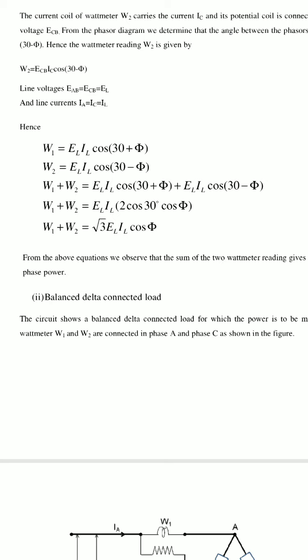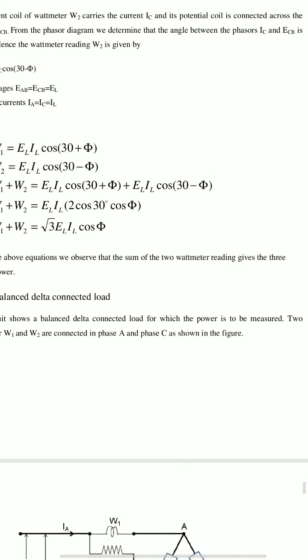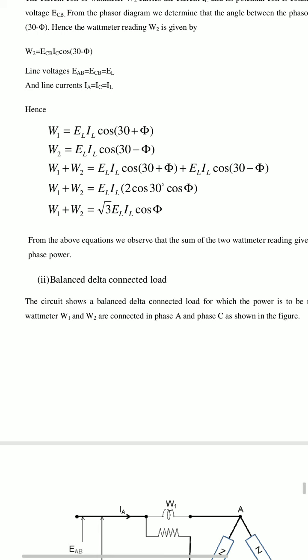Cos 30 is nothing but root 3 by 2. Substituting those values, we get W1 + W2 is equal to root 3 EL IL cos phi. From the above equations, we observe that the sum of the two wattmeter readings gives the three phase power. The above gives the three phase power reading, that is root 3 EL IL cos phi.